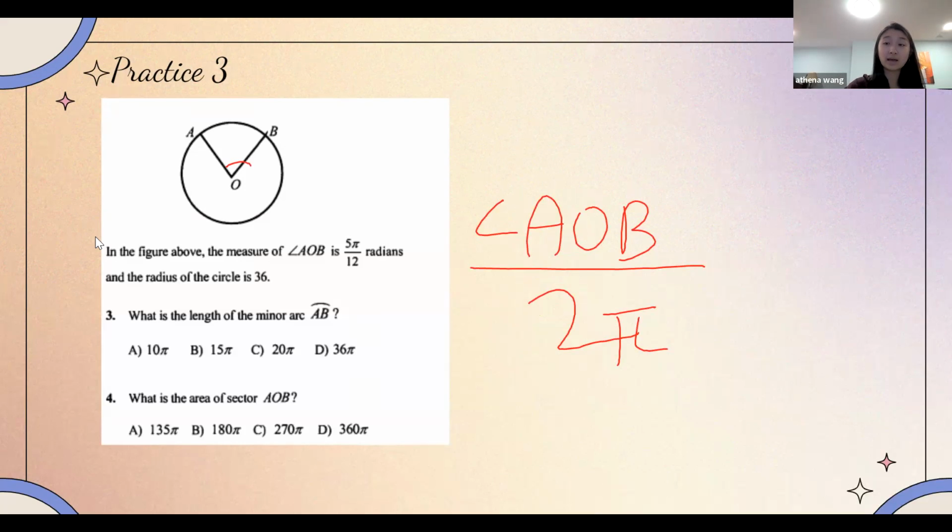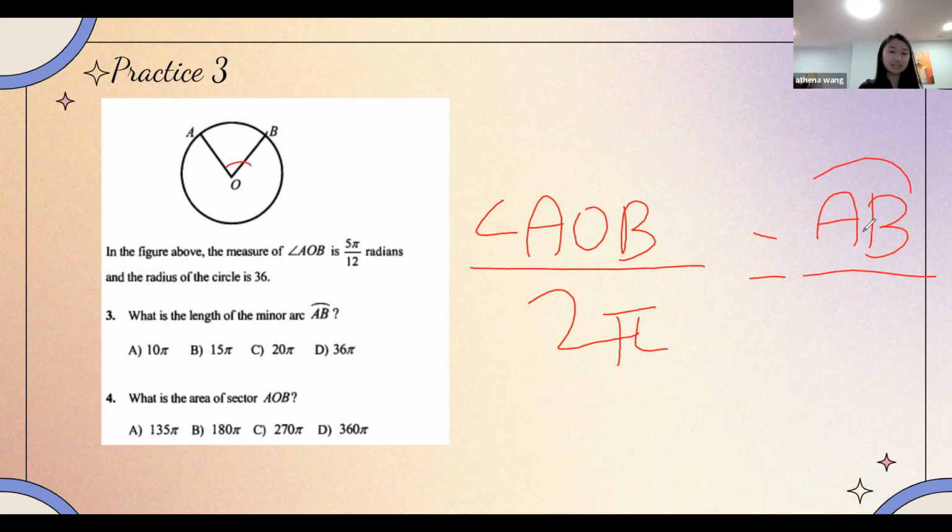That is the same as arc AB over the circumference of the circle. I don't know how to denote that, but we do know that the circumference of the circle, this length over here, is 2 pi r.